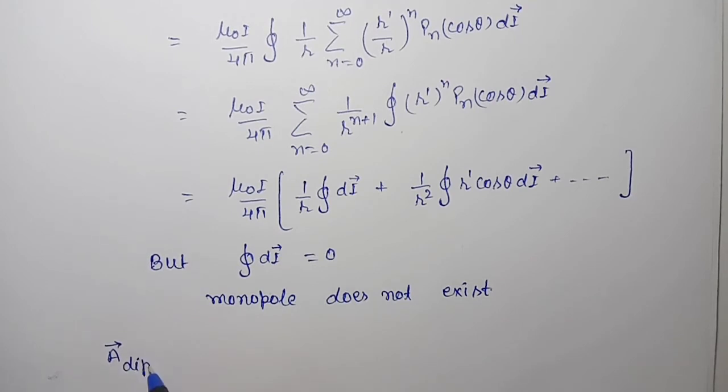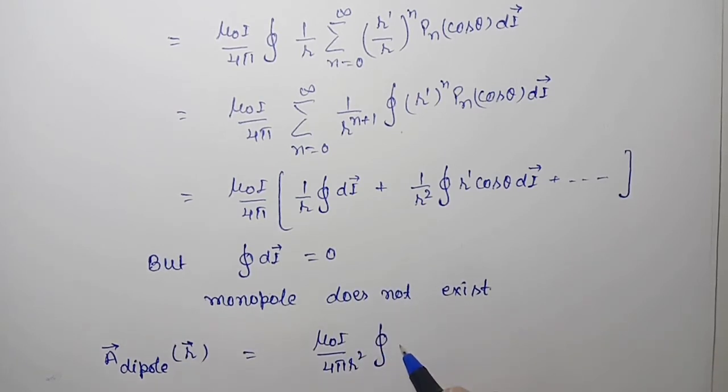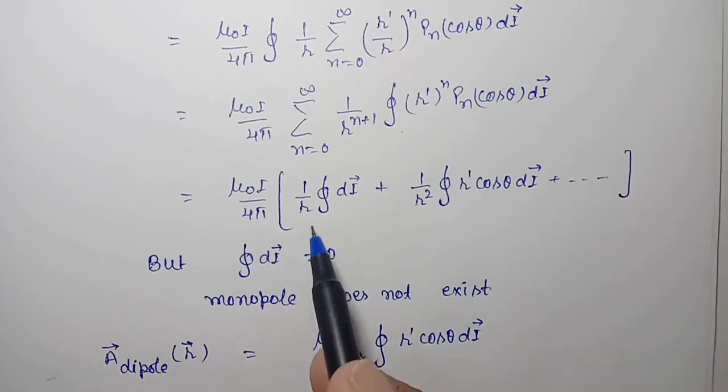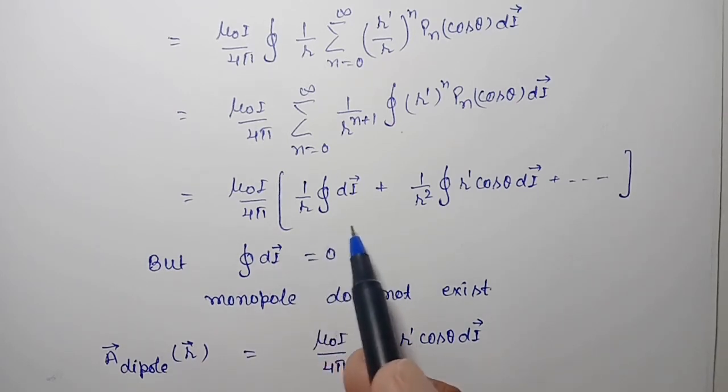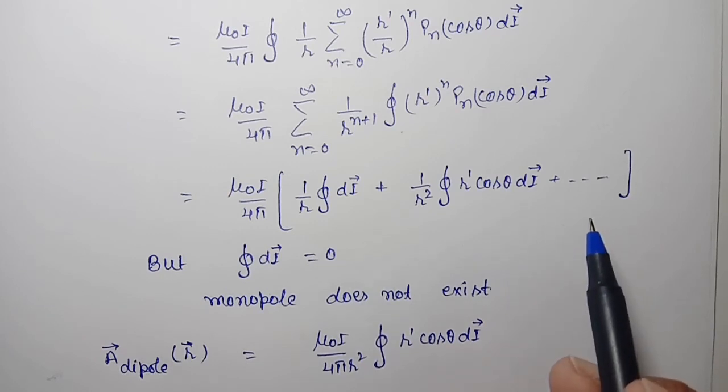A dipole. This is an r vector, and this is equal to mu naught I over 4 pi r squared times r dash cos theta dl. So when n equals 0, we have a monopole, and when n equals 1, we have a dipole, and similarly we have a quadrupole and so on.